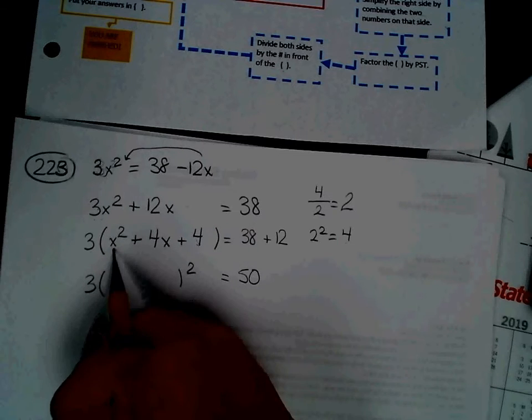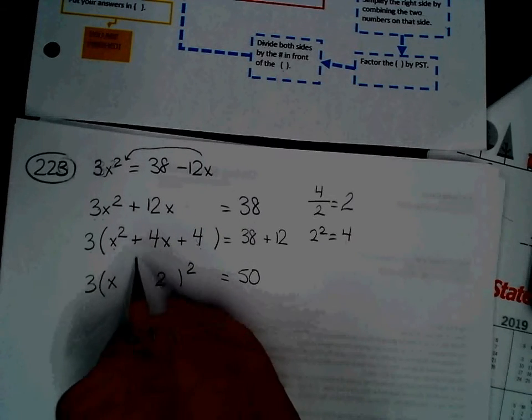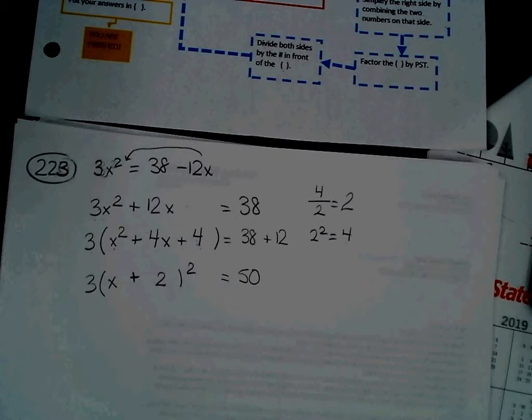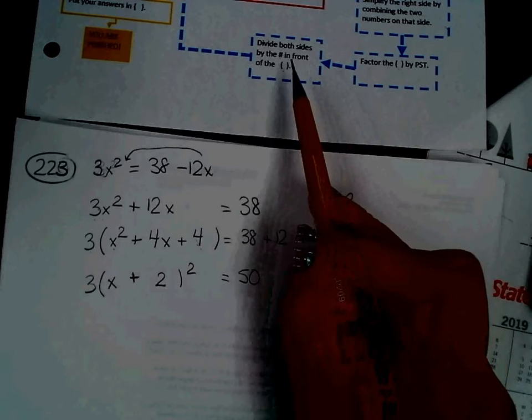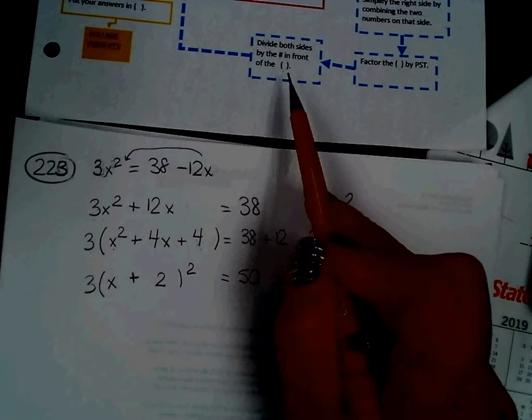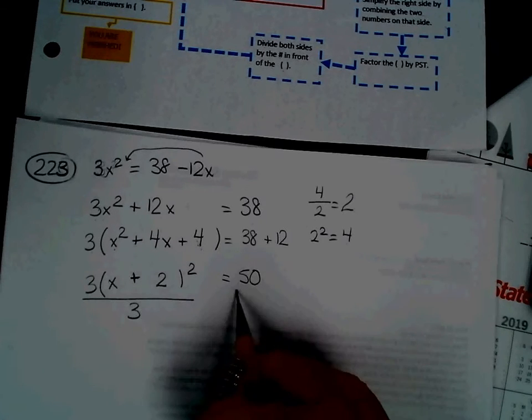That's an x, and the square root of 4 is a 2, and it's always the sign of the middle. So I factored the left by the PST. Now follow my flow chart. Divide both sides by the number in front of the parentheses. Divide this side by 3. Divide this side by 3.